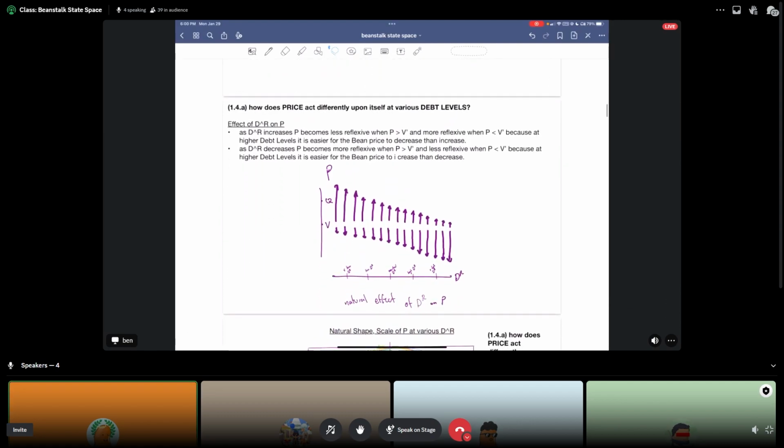A, what are the effects of debt level on price? So how does price act differently at different debt levels? Now, let's just think about this intuitively. At lower debt levels, Beanstalk is healthier, of course. So it's much easier for Beanstalk's price to pump.